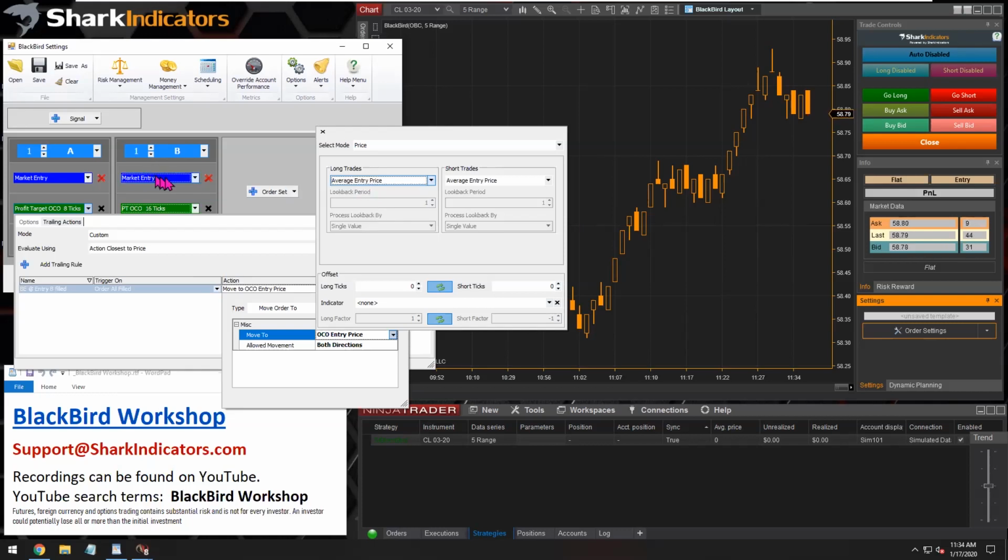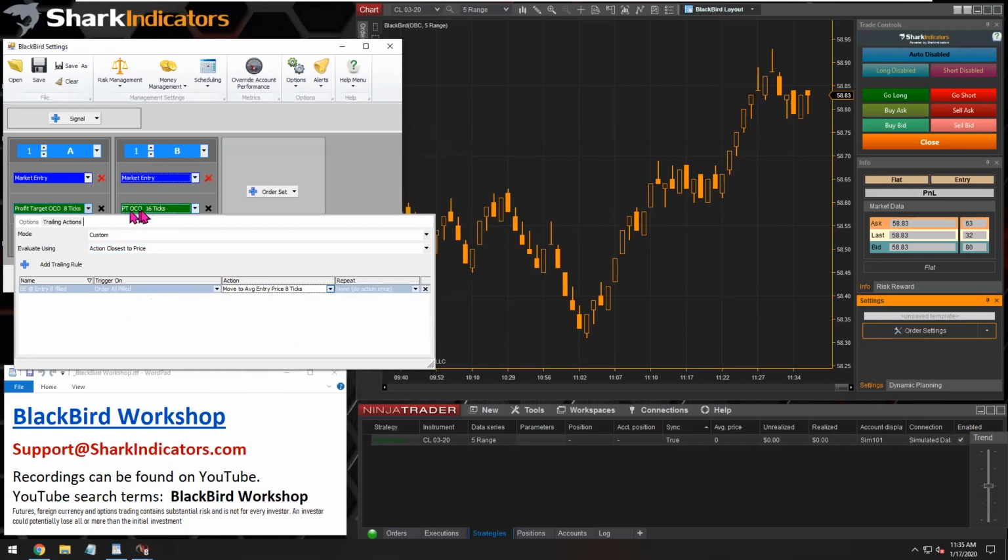Remember, when order B gets executed, it's going to calculate an averaged entry price, which in theory should be about 8 ticks below order A's entry price, because there's going to be a 16 tick difference between these two, approximately, since they're market orders. So I'll take the average entry price and then add 8 ticks.